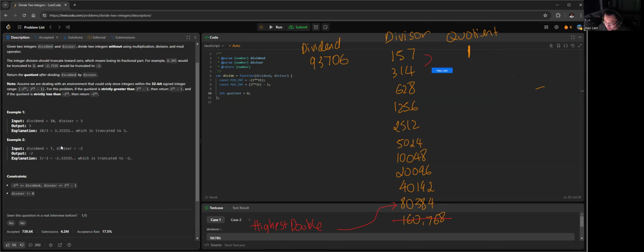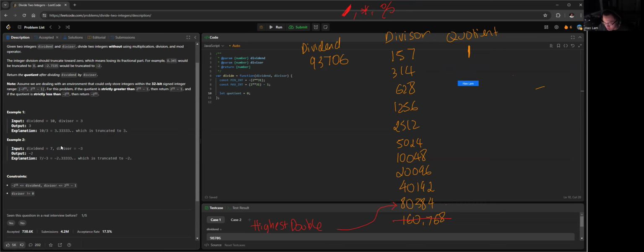So every time we double the divisor, instead of minusing, we can double the divisor by adding the divisor to itself, because we are not allowed to use divide, multiply, and mod, but we can use add and minus.